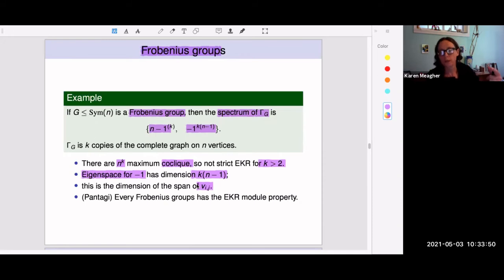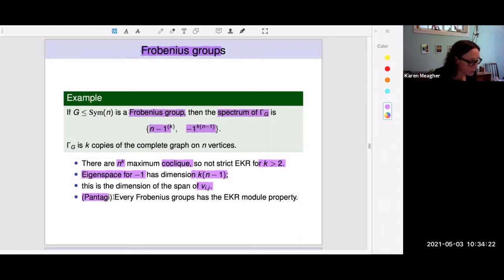So by the ratio bound, I know that my maximum co-cliques have the right size, and I know the characteristic vector of any maximum co-clique, when I shift it, is going to sit in the -1 eigenspace. But I also have that these v_ij's are a spanning set, once I shift them, for the -1 eigenspace. So I can actually pull out of this that the Frobenius groups have the EKR module property just by looking at the eigenvalues.